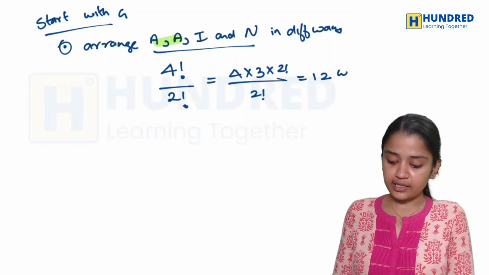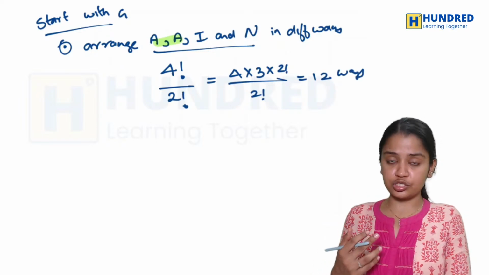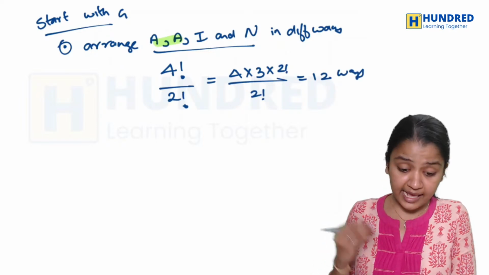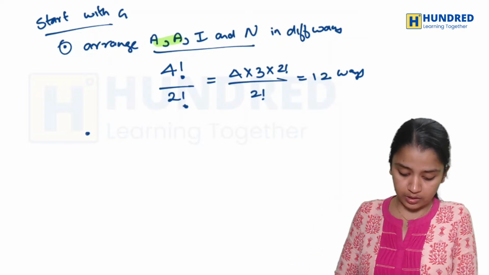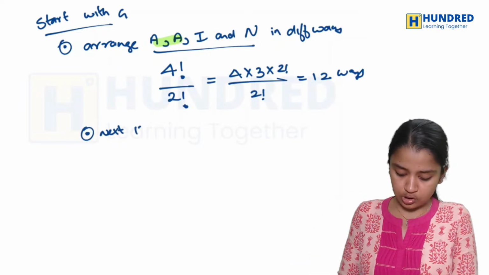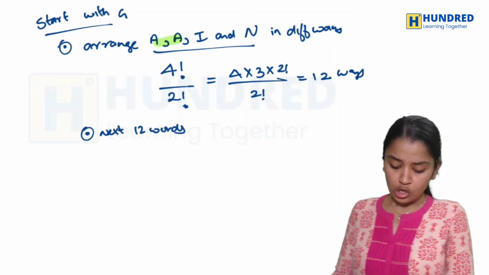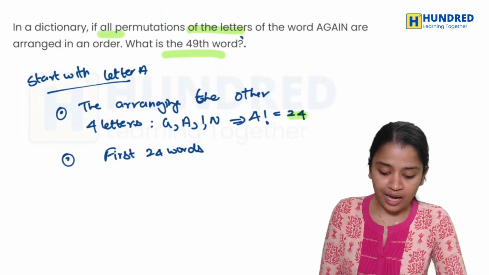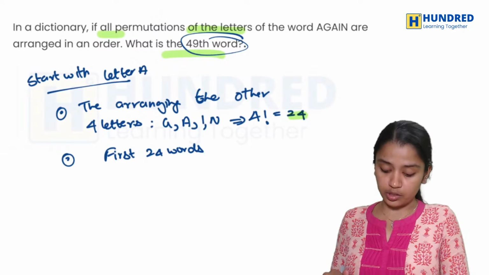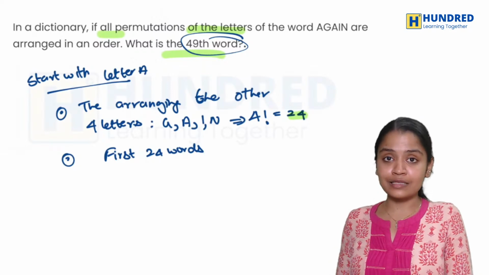So if you're starting with G, these are my next 12 words. They ask me what is my 49th word. So 24 plus 12 is 36.